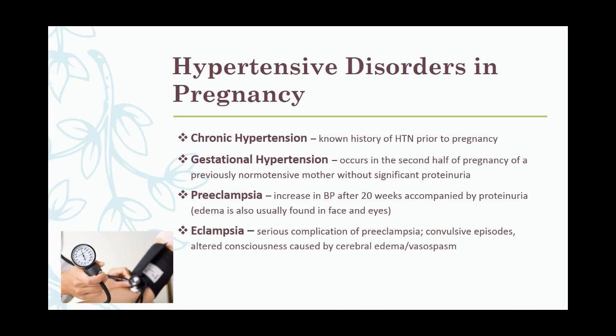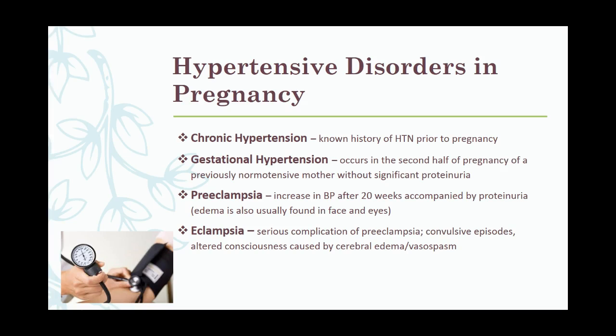Preeclampsia, however, is an increase in blood pressure after 20 weeks, and this one is accompanied with proteinuria. Also, you will oftentimes find that these people have edema found usually in their face and in their eyes, and also dependently in their hands and their feet.